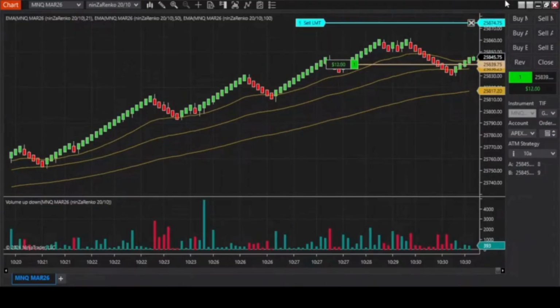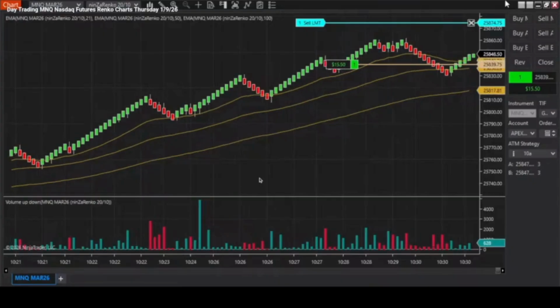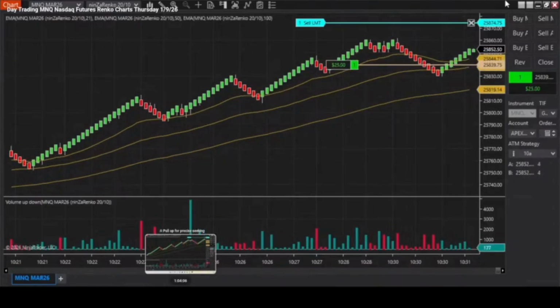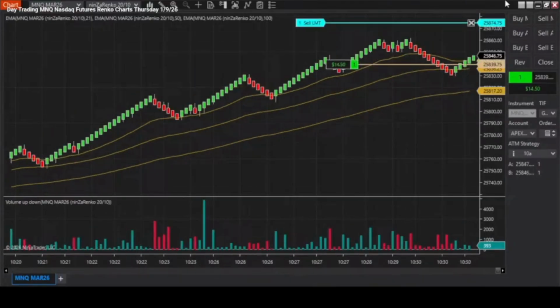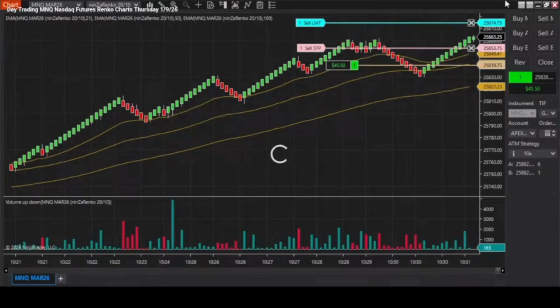Trying to get a runner. It's like I already took profit on one contract at 5 points. Move to break even at the top of this range.